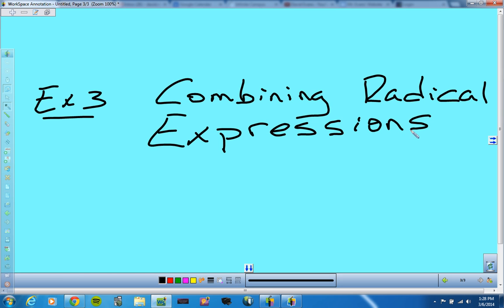So if I have the fourth root of x cubed in the numerator over the 8th root of x squared.